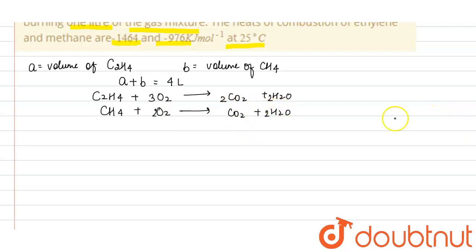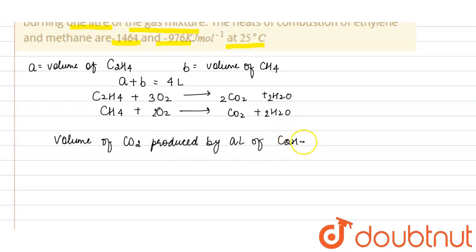So from here you can write that the volume of CO2 produced by A liter of C2H4 is equal to 2A, because here 1 mole of C2H4 forms 2 moles of CO2. So A liter of C2H4 will form 2A liter of CO2, okay.